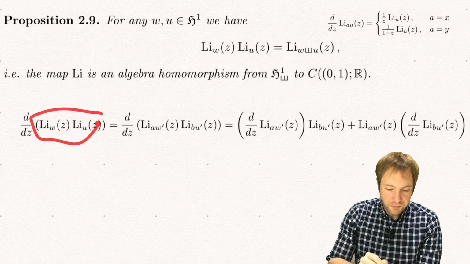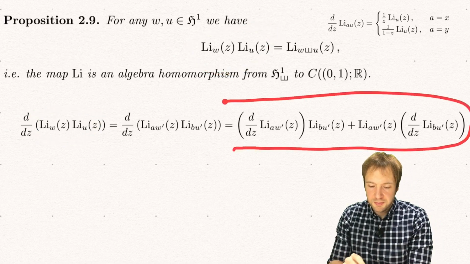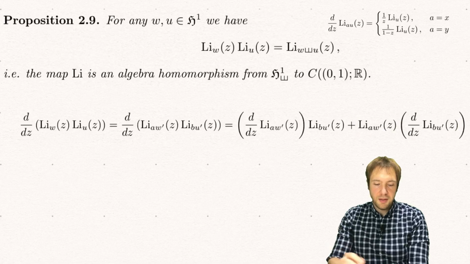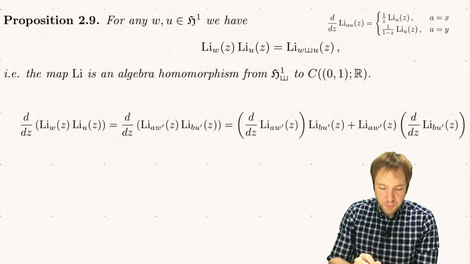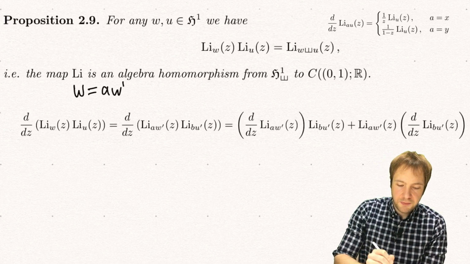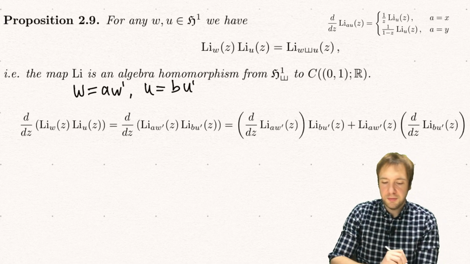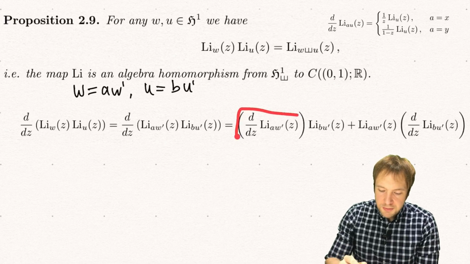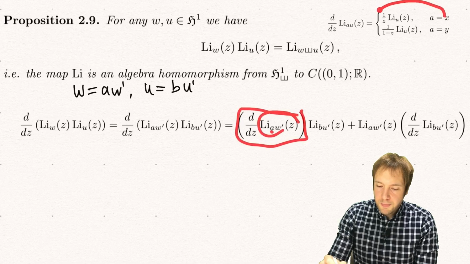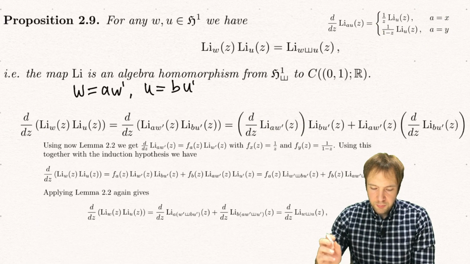So let's consider the derivative of the left-hand side. Using the Leibniz rule, we just get the derivative of the first one times the second plus the first one times the derivative of the second one. Here we assume that W starts with the letter a and has some rest W prime, and U starts with some letter b and the rest is some U prime. So we see that the derivative of this word starting with a we can write out using this lemma, which is this here.